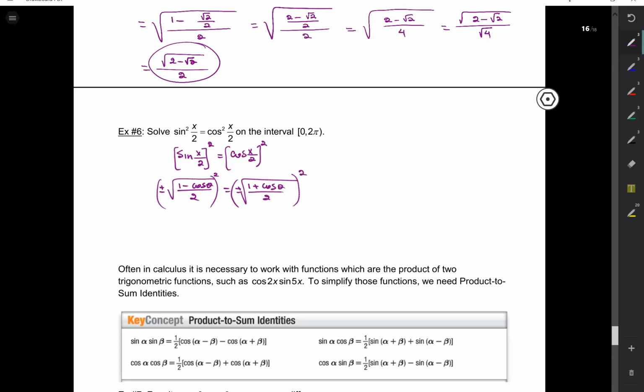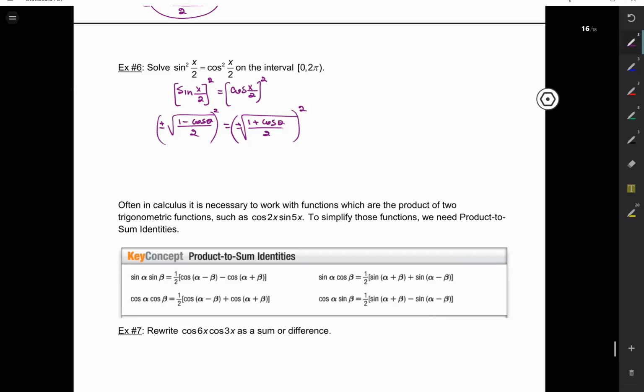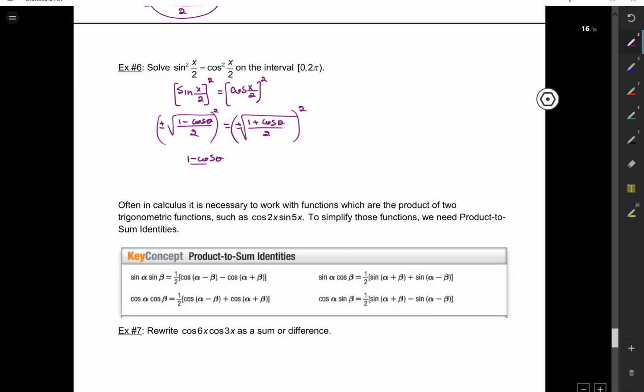But once we square something, do we really need the plus or minus anymore? No, because it's always positive. So the square not only gets rid of the square root, but also the plus or minus. So now I just have 1 minus cosine theta over 2, 1 plus cosine theta over 2. And those 2's totally go away.